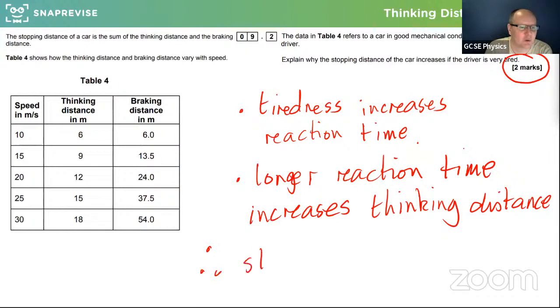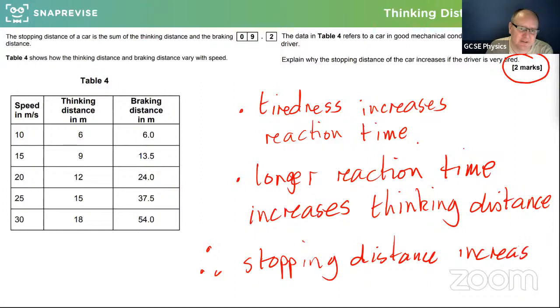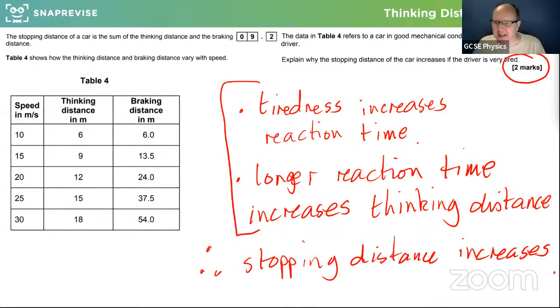Therefore, stopping distance increases. You wouldn't have to make this last point, I'm just making it completely clear. So your 2 marks would come from making those 2 points there. Tiredness increases reaction time, and longer reaction time increases thinking distance.